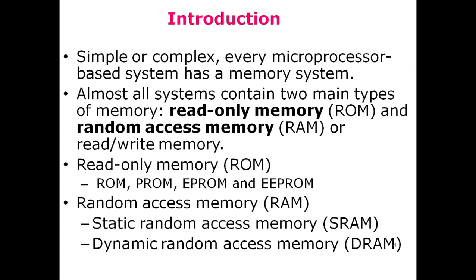In many systems, random access memory is a kind of memory that is volatile. If the power is not present, then the data on the memory would disappear. There are two types of random access memory: static random access memory and dynamic random access memory. Static random access memory doesn't require any additional circuitry to retain the data when the power is on.